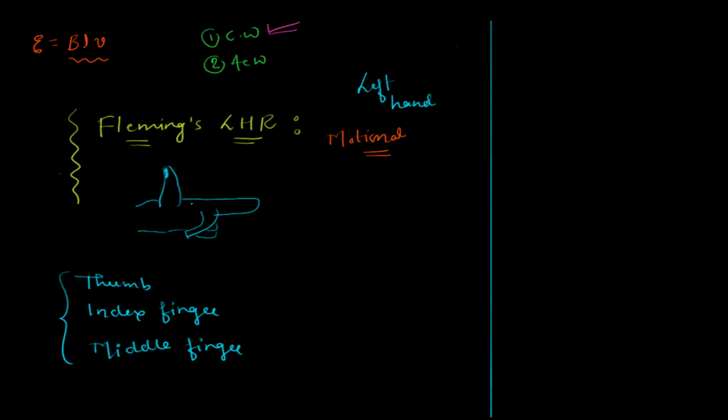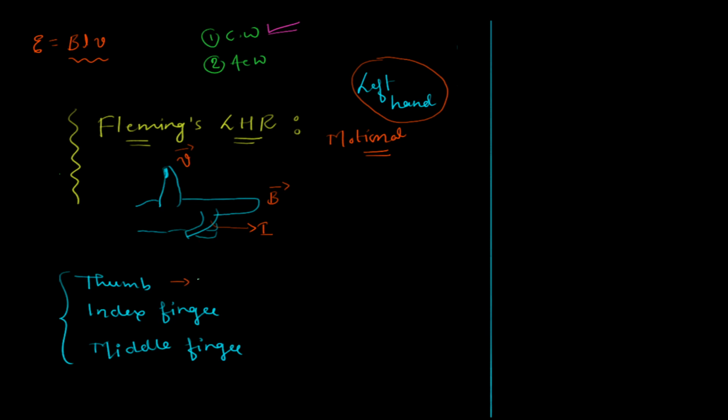First of all, hold three fingers, that is thumb, index finger and middle finger of your left hand mutually perpendicular to each other, as you see in the diagram. If the thumb is in the direction of velocity, the index finger is in the direction of magnetic field, then the middle finger gives you the direction of current. That's how you use Fleming's left hand rule, right?